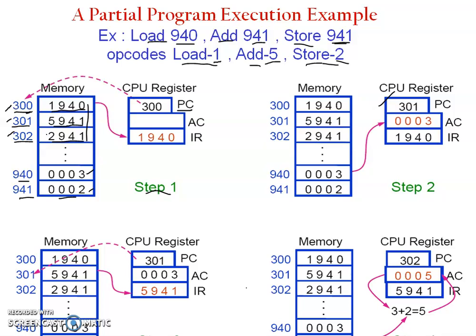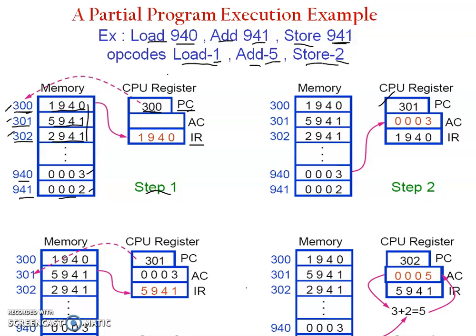In order to start the execution, the first instruction address will be placed in the PC. The first instruction is placed at 300, so that will be placed in the PC, and currently nothing will be in the AC. What is the first thing that will be done?